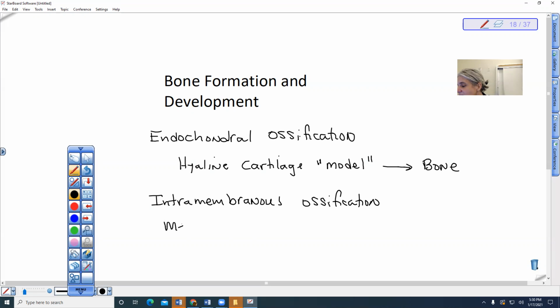So we have mesenchyme, and this becomes ossified, and it turns into flat bones. For example, your skull bones develop by intramembranous ossification.